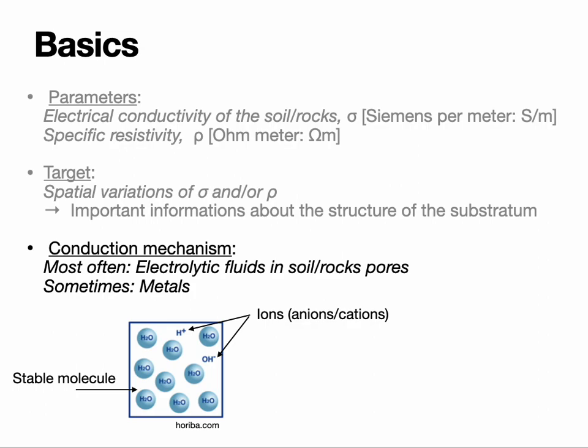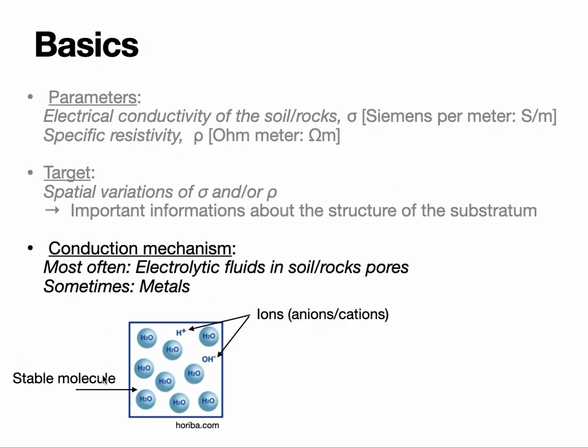And what is the mechanism for conduction of electricity in rocks and soil? Most often it's the presence of electrolytic fluids inside the pores of the rock, and sometimes it's simply the presence of metals inside the rocks. So what's an electrolytic fluid?